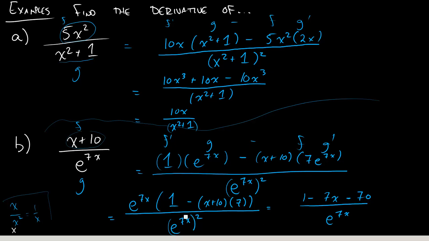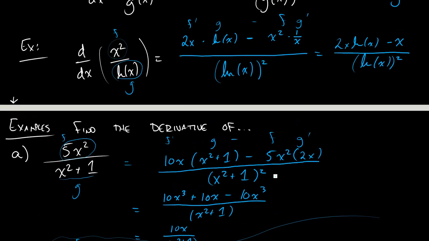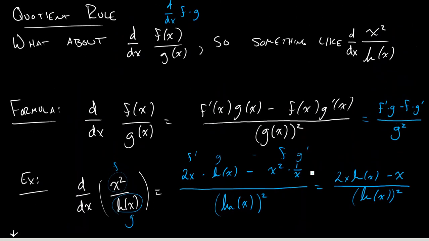Because I'm canceling out this e to the 7x squared and the e to the 7x. And I could simplify that just a little bit further by having negative 69, which is 1 minus 70, minus 7x divided by e to the 7x. So that was a long one, right? But a lot of this was algebra. The quotient rule is simply just identifying an f and a g and following the formula from here.